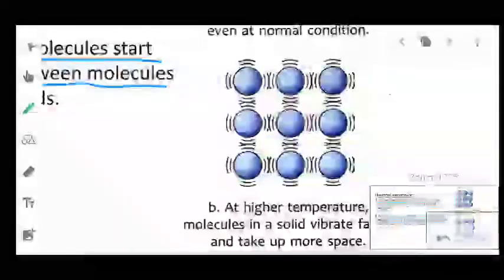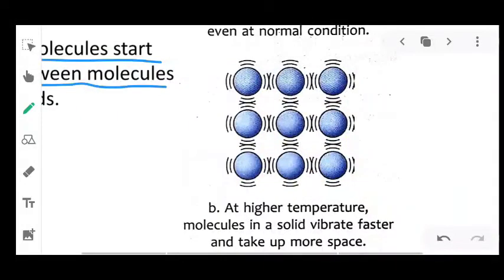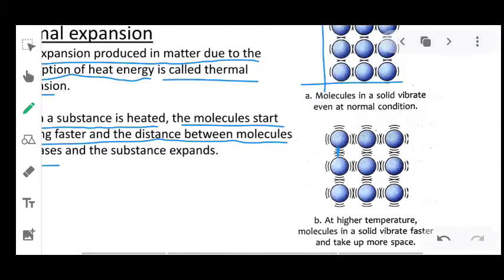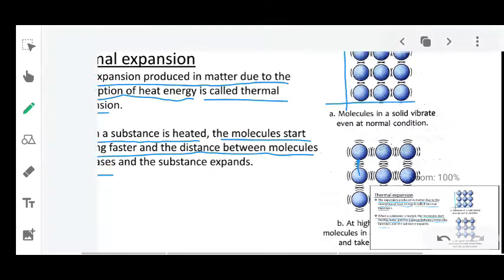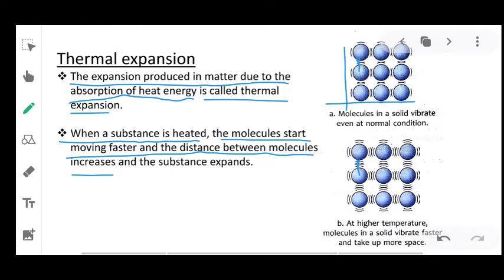Here is picture B. When the substance is heated, the distance between the molecules increases, and it is more than the distance between the molecules in the first picture. So when the distance between the molecules increases, the substance expands.